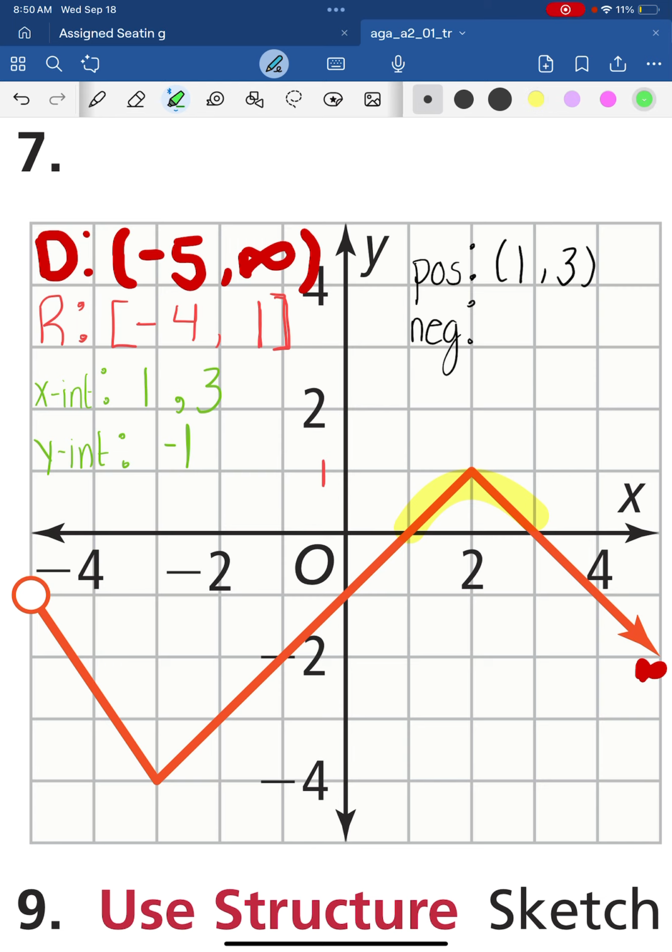My function is negative from -4 to 1, and from 3 to infinity.